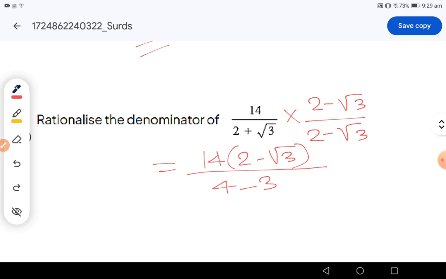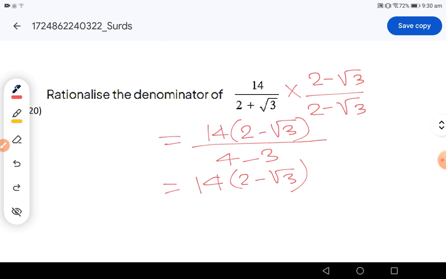So 14 (2 minus root 3). Or we can remove the bracket. 14 times 2, 28, minus 14 root 3.